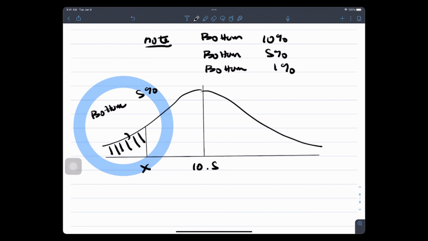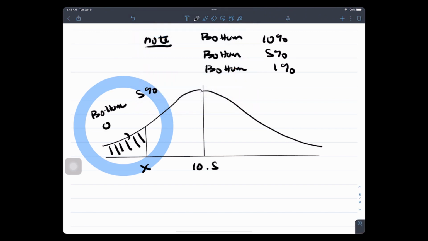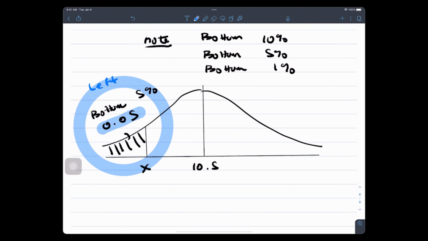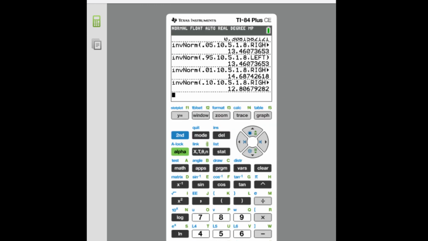How do you think this would work? Because remember, 5% is really 0.05. What kind of tail is this? This is a left tail. So remember, we're working backwards. We're going to try to find the hours of sleep to be in the bottom 5%. So I'm not going to do the default. We're going to do the regular one, the fancy one, first.